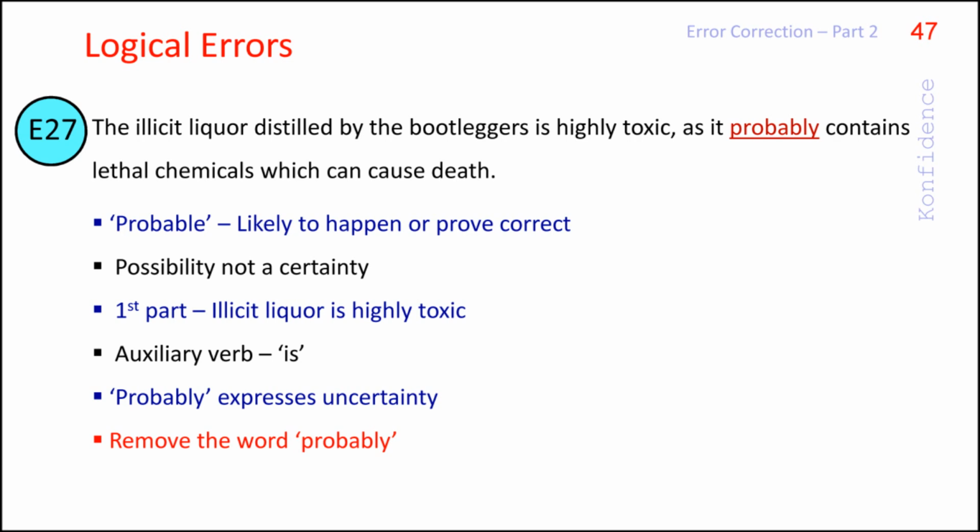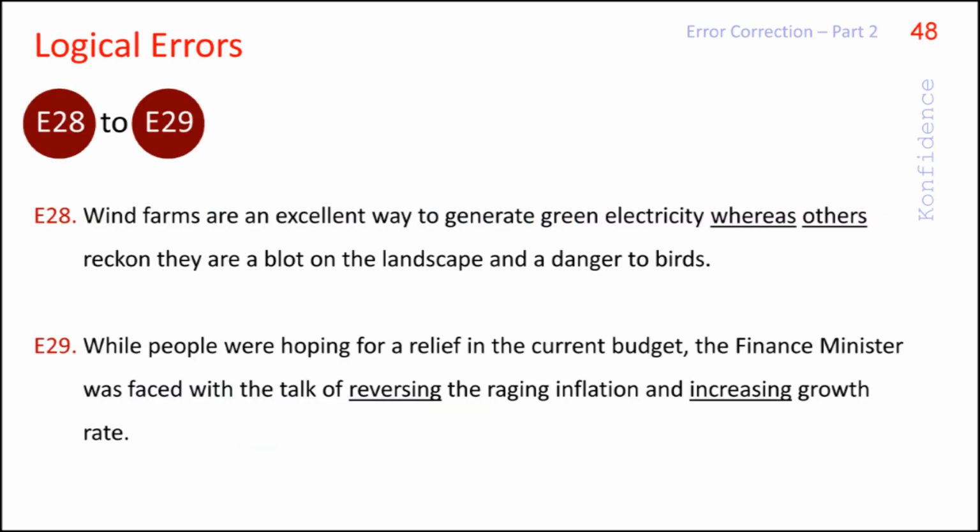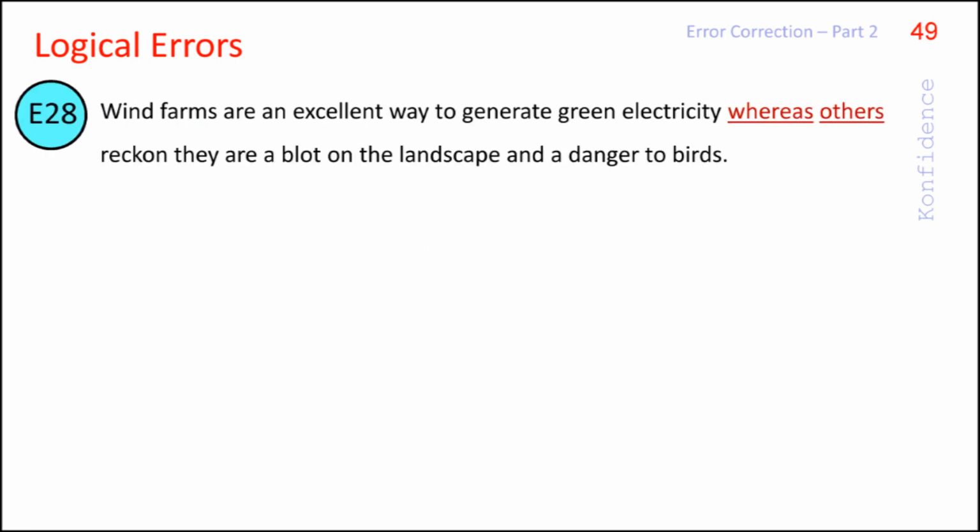Two more examples of sentences with logical errors are given. Refer to the examples E28 and E29. In example 28, two contrasting opinions are expressed about wind farms.